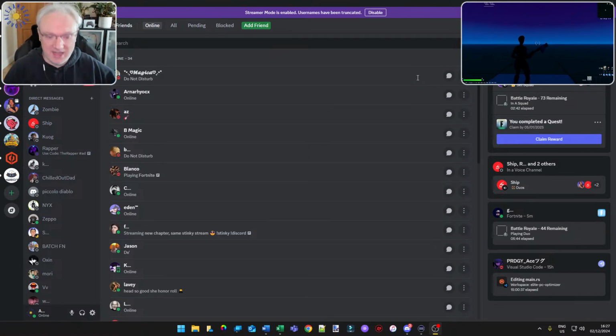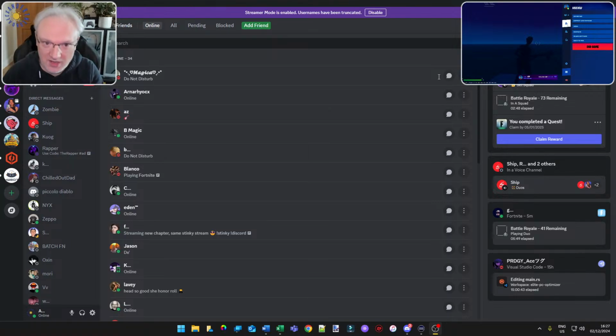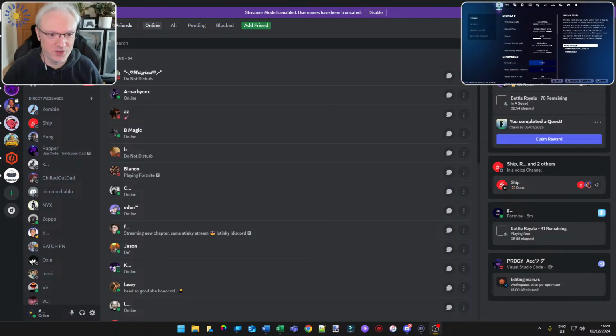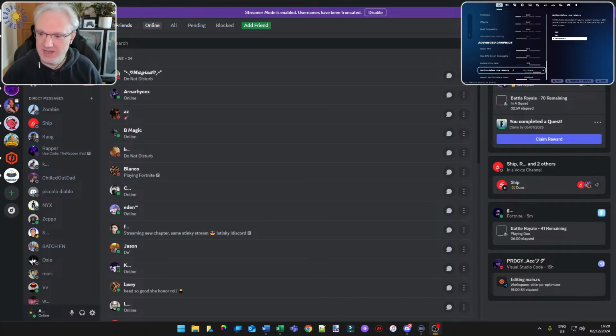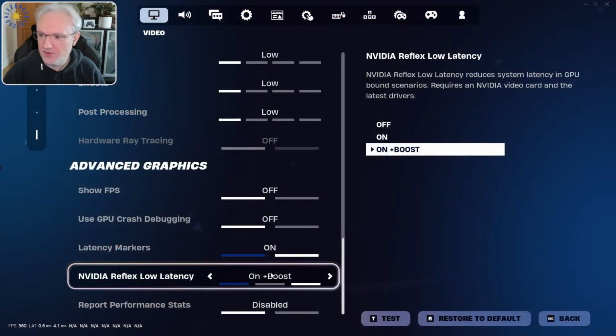I accidentally left Reflex just as on earlier, and I was getting in the 10s, 10 and above milliseconds over and over when I had it just as on. So it makes a massive difference having this on plus boost.